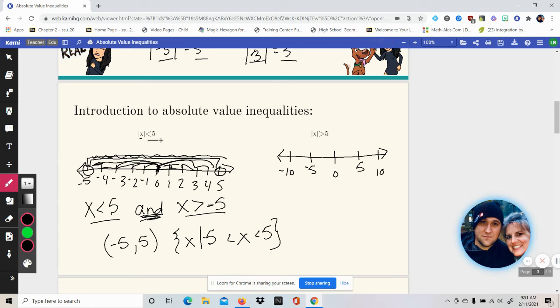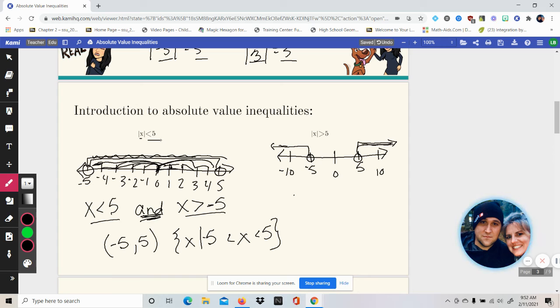If I start at 5 and I go out this direction, all of these numbers out here are going to be more than 5 units away from 0 on the number line, right? Starting at -5 and going down this way, all of these numbers are more than 5 units away from 0 on the number line. So these numbers out here are true, or these numbers out here are true.